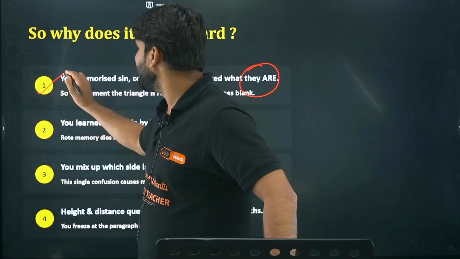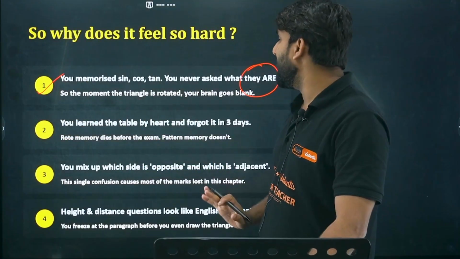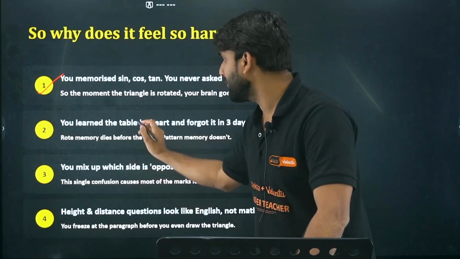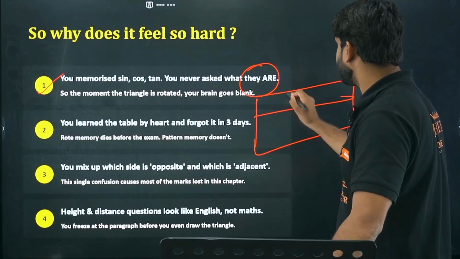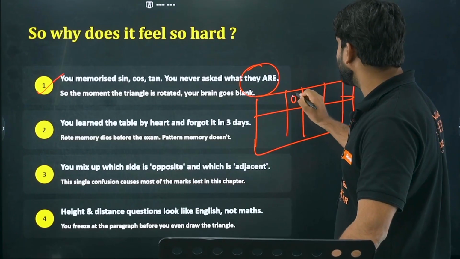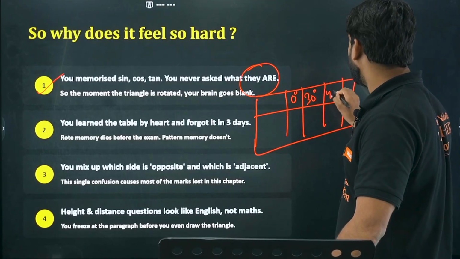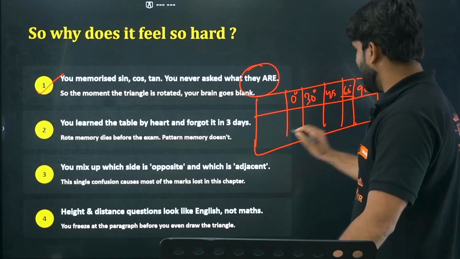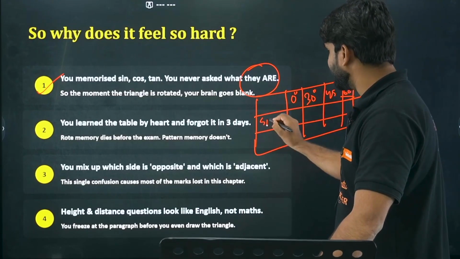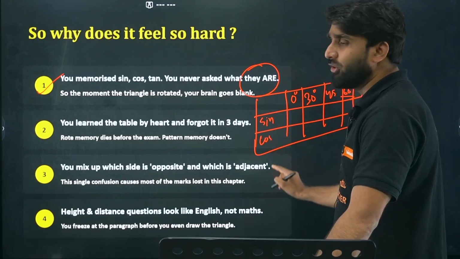The second point is, you learn the table by heart and forget it in 3 days. I'm talking about the trigonometric table. Basically, there is a table in which a few angles are there: 0 degree, 30 degree, 45 degree, 60 degree, and one more angle, 90 degree. And we find the values of sine, cos, tan, cosec, sec, cot.